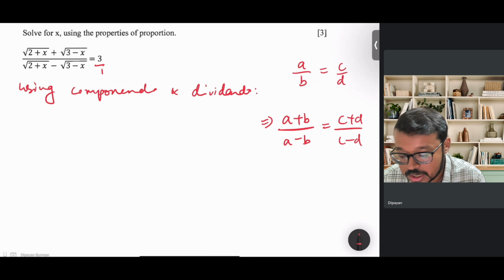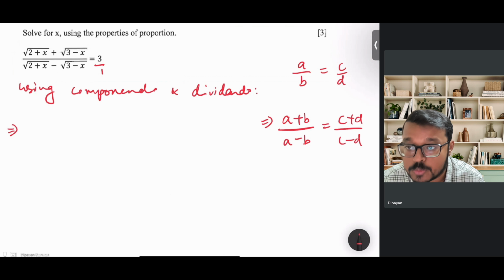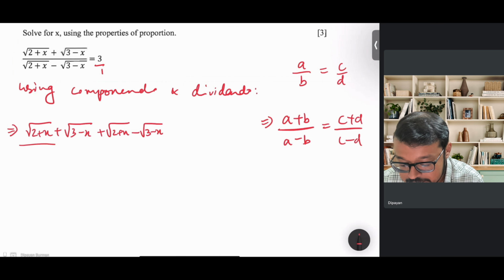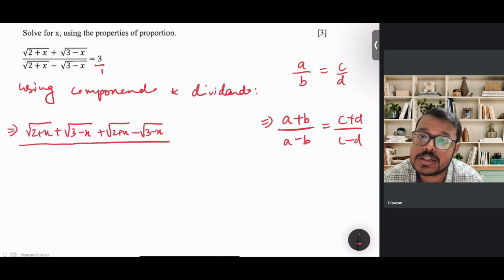So in the left hand side, I will get the numerator, which is root of 2 plus x plus root of 3 minus x, plus the denominator, which is root of 2 plus x minus root of 3 minus x. This entire thing divided by the numerator minus the denominator.